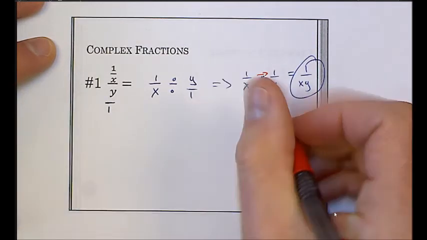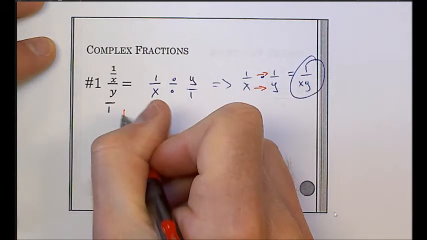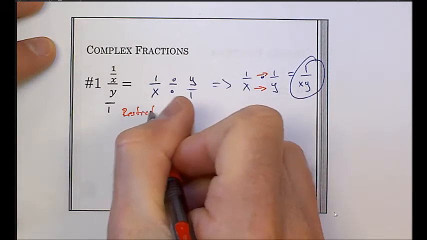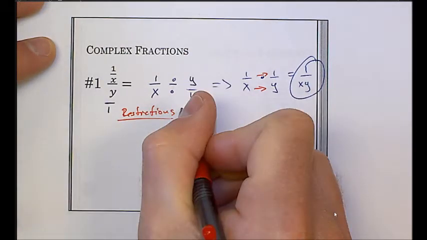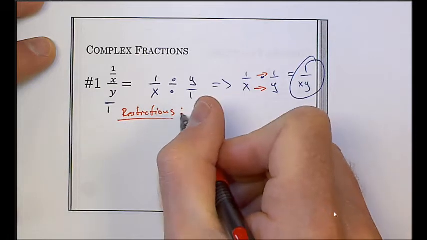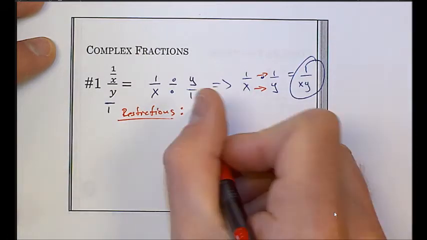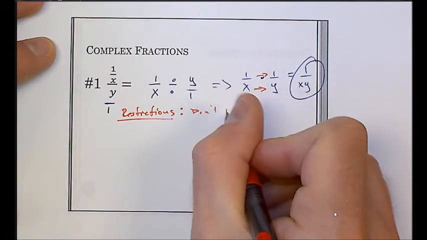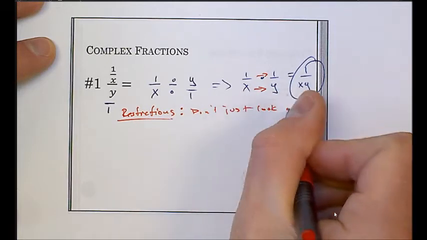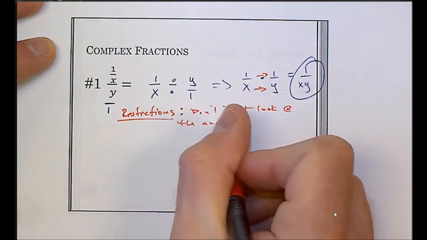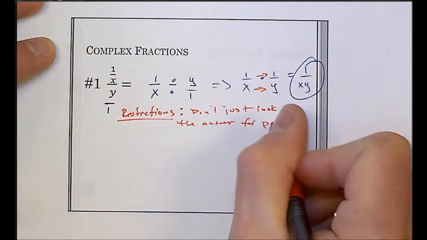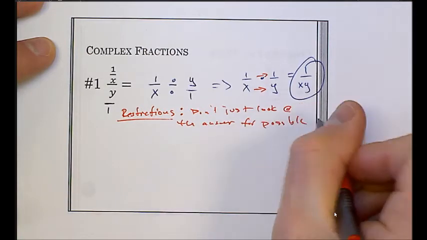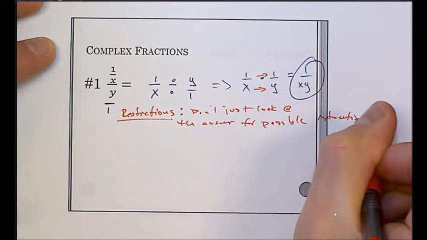Now, we're always going to state restrictions, okay? And in this case, when we talk about restrictions, I'm going to make a very important point here. With restrictions, don't just look at the answer for possible restrictions. That's a good place to start.